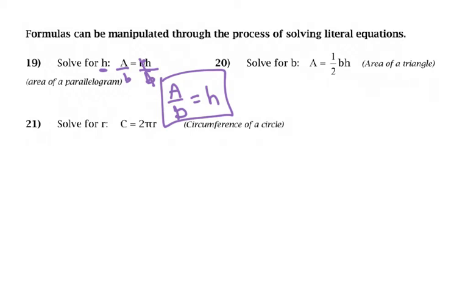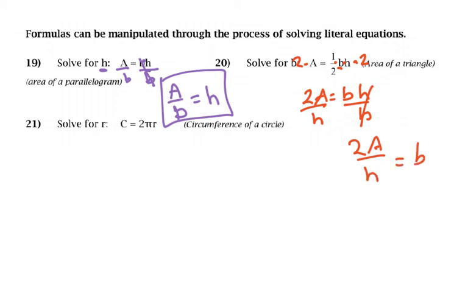Number 20, this is an area of a triangle, and so area is equal to 1/2 base times height. What if I solve it for b? So it's 1/2 times b times h. So I have two things to get rid of. So I can divide by 1/2 or multiply by the reciprocal, and then I can divide by height. So 2a divided by the height is equal to the base.